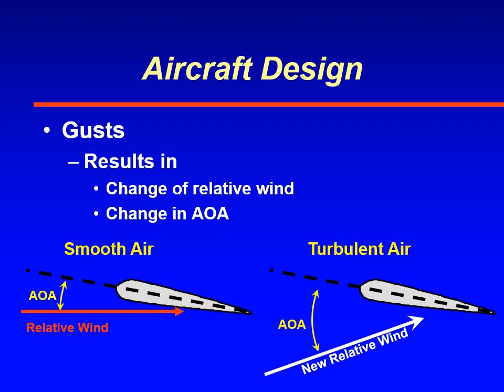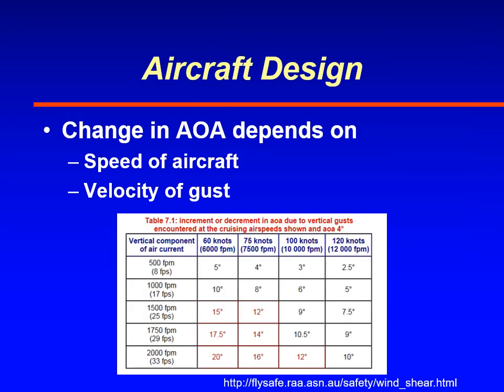So as you fly through turbulence, your angle of attack is changing. And the change in the angle of attack depends upon the strength of the gust, how big it is, in other words, how fast that vertical gust is, as well as the speed of the airplane. As the airplane moves faster and faster through the air, those gusts become smaller components. But if the airplane is going very slowly through the air, it's a major component.